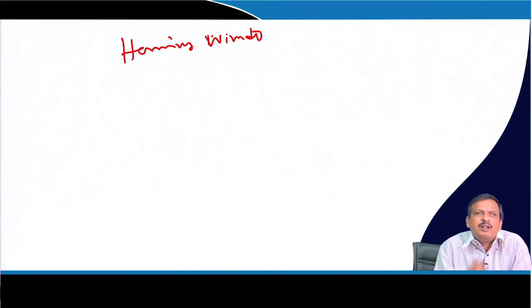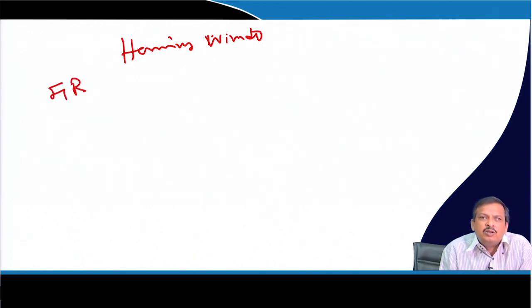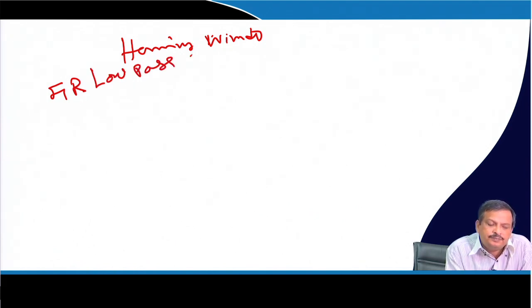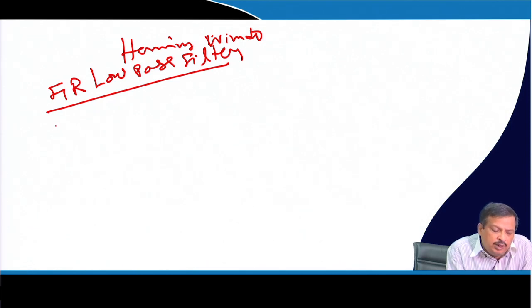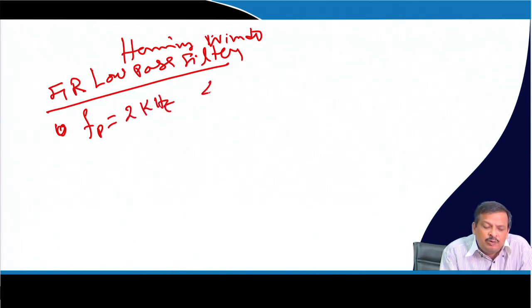Let's say I give you a specification: design an FIR low pass filter whose cutoff frequency Fp is equal to 2 kilohertz. Transition bandwidth is equal to 300 hertz.